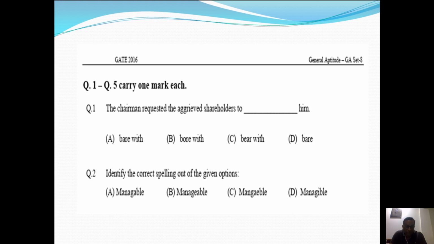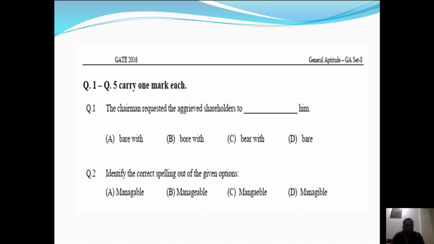So such kinds of questions are also asked. It was asked in the GATE 2016 general aptitude paper, so it is possible that such a question can be asked in 2021 also. So please give some focus to this also.